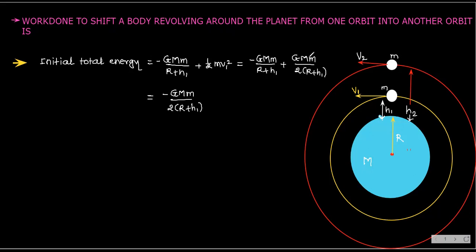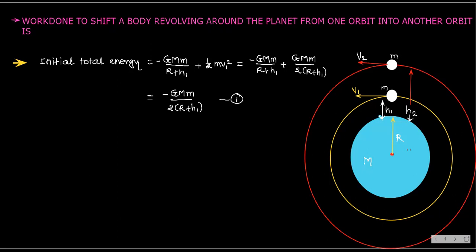Why did I do it like this? Because here v1 squared is GM by (R plus h1), the orbital velocity at this point. Okay, clear? So this is the initial total energy. Call this equation number 1.